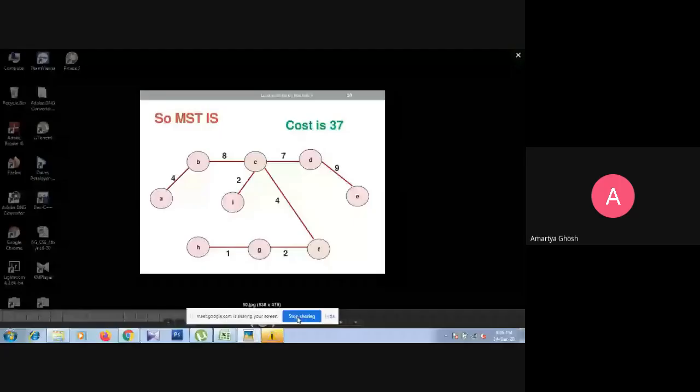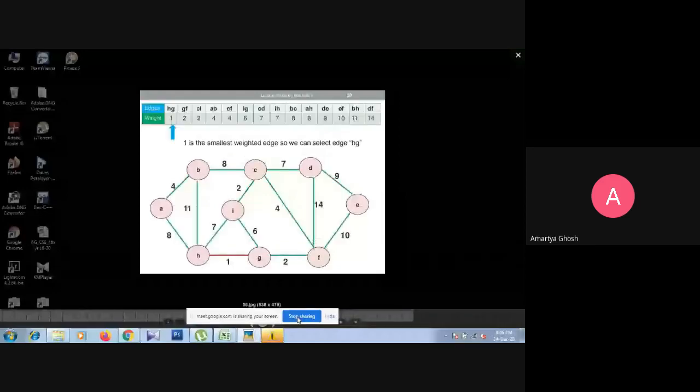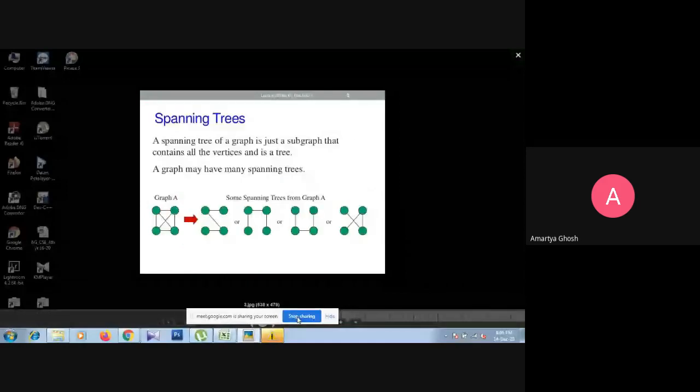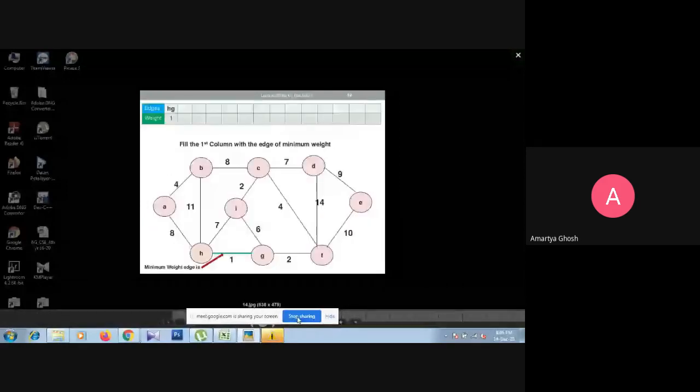Okay. And in the semester question, mainly one graph will be given, just like the previous graph, with the weights.